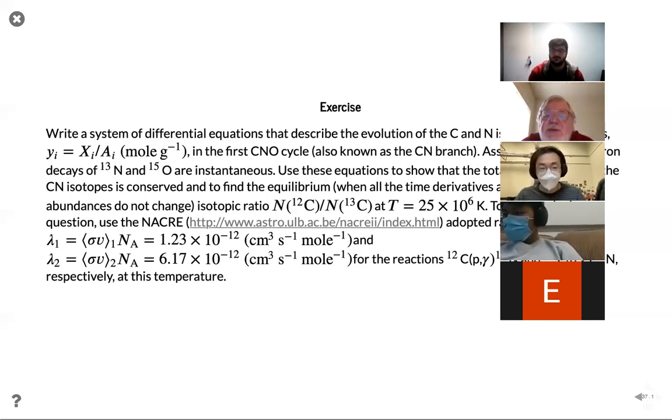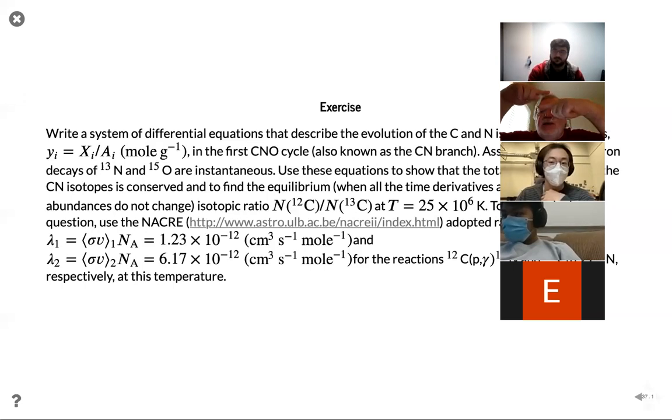But angular momentum conservation: if you have two particles which don't approach each other head on, but they have a relative angular momentum like this, L equal 1 or L equal 2, right? Then if they form a compound nucleus, this reaction still has to obey the angular momentum conservation, okay?